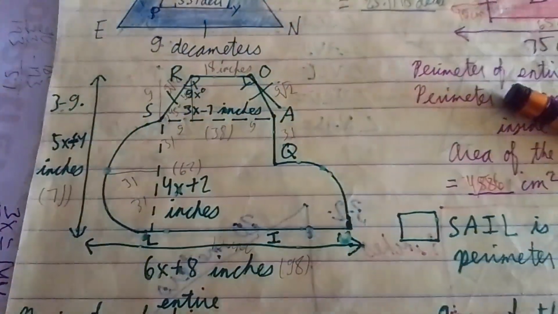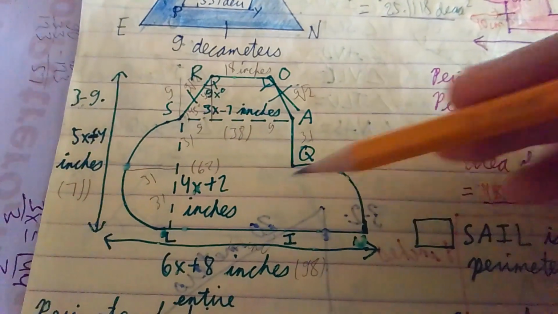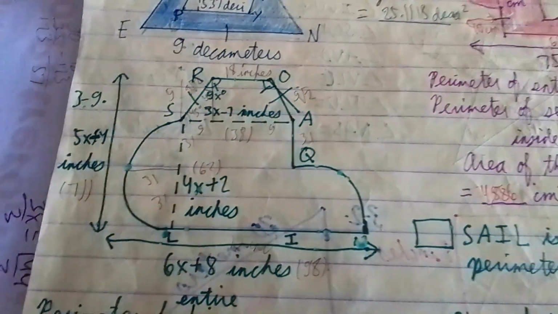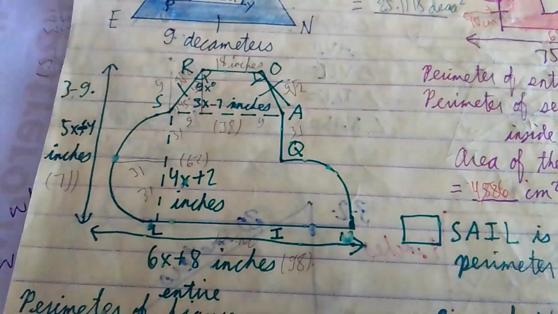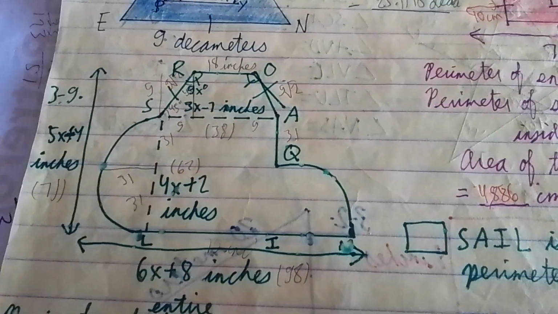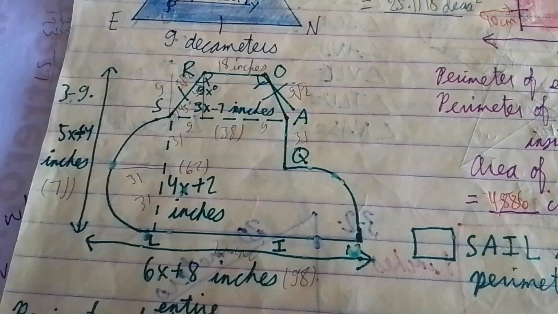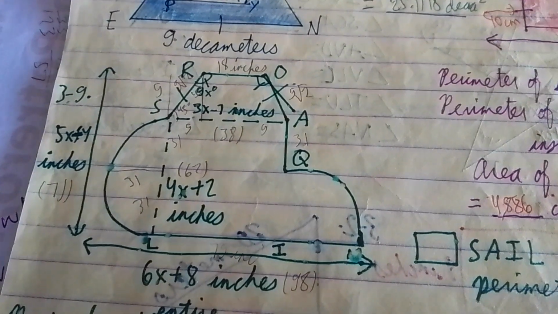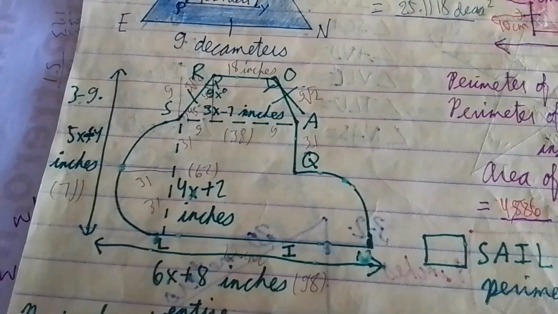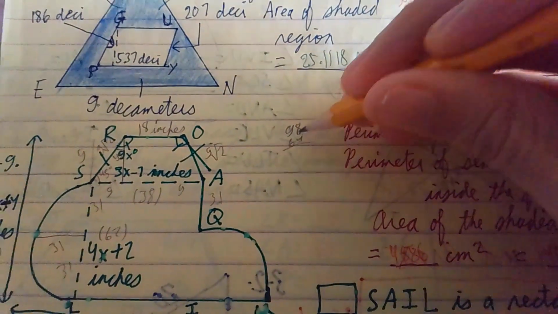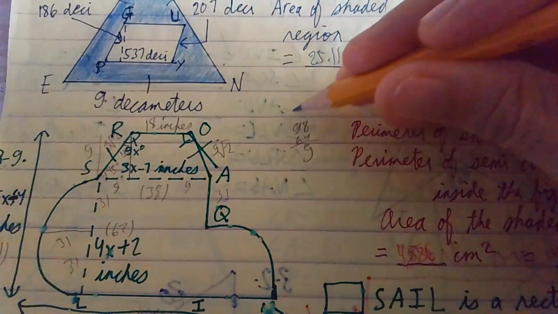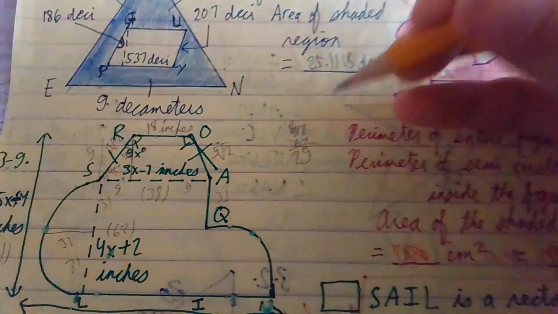Look, we still need to get the measure of this part. This is a bit tricky. So remember, we have 18 and 31 plus 38. Remember, the entire is 98. So what we do is 98 minus the summation of the two. 31 plus 38 is 69. 98 minus 69 equals 29.